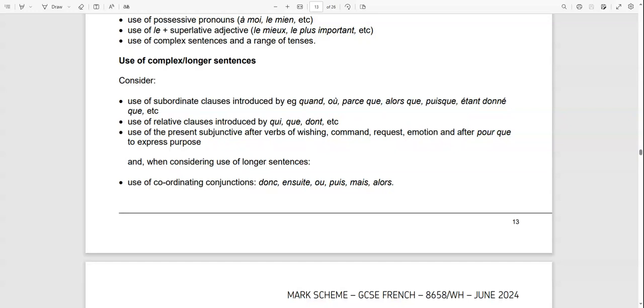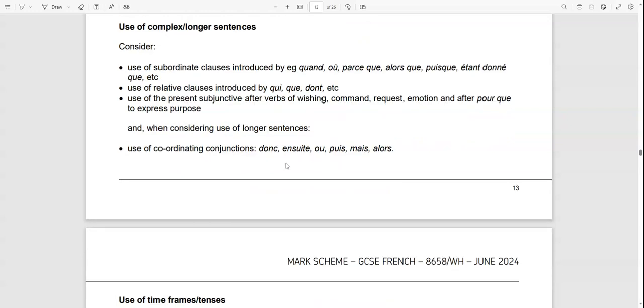So, je veux que mon frère ait, spelt A-I-E, un bon métier. So it's just an example of subjunctive. That's better looked at separately, because it's a bit too complex to go into in this short video. But if you're able to use some subjunctives, then that's great.